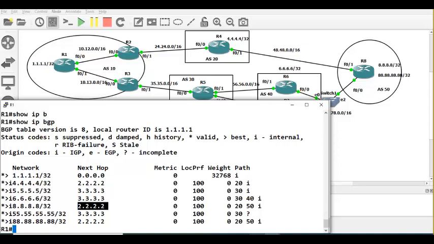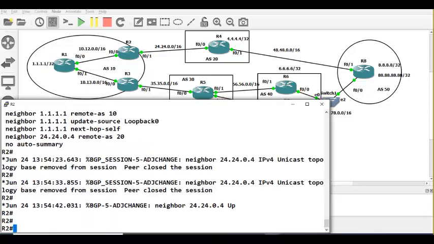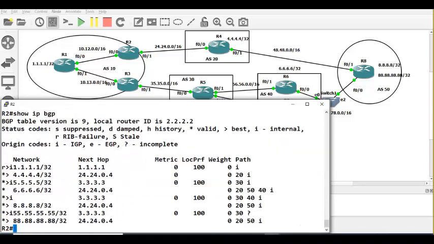Now what next is, I want to check on router 2. Show IP BGP. In router 2, what I see is, for 8.8.8.8, I see only the path via router 4. Why am I not seeing the path via router 3 or 1?